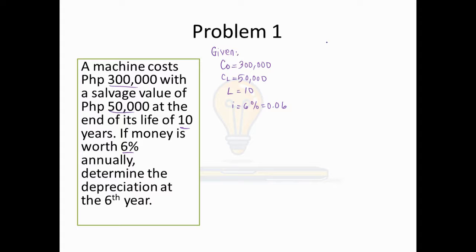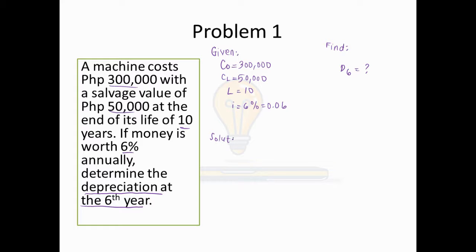For this problem, we were asked to find the depreciation at the 6th year. So our unknown will be our capital letter D sub 6, or the total depreciation at the 6th year.